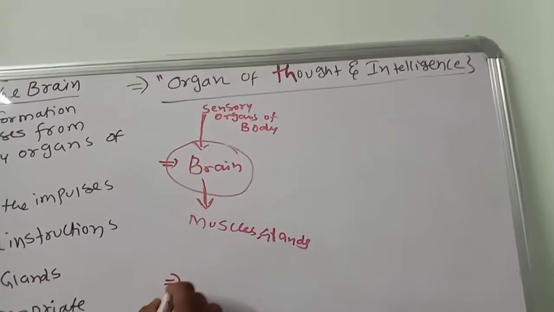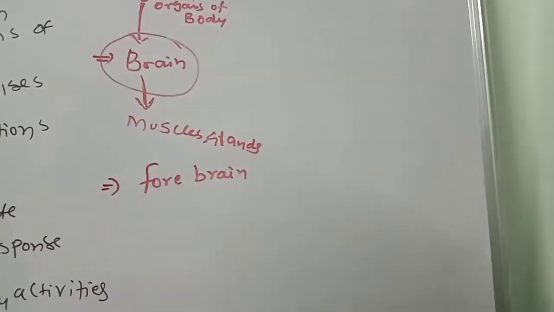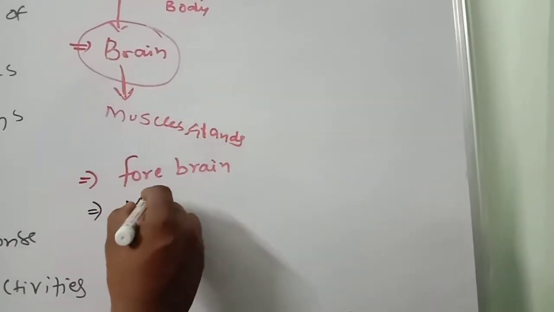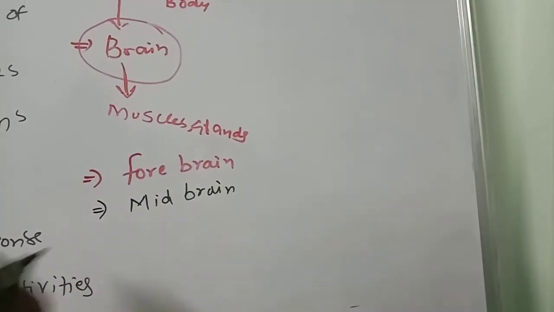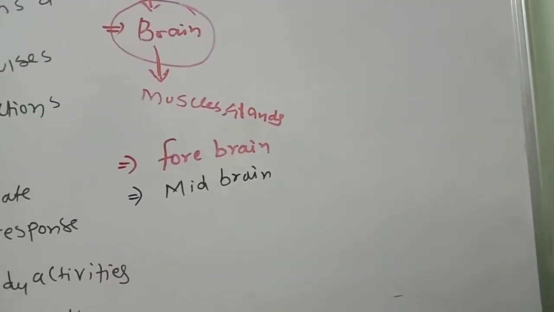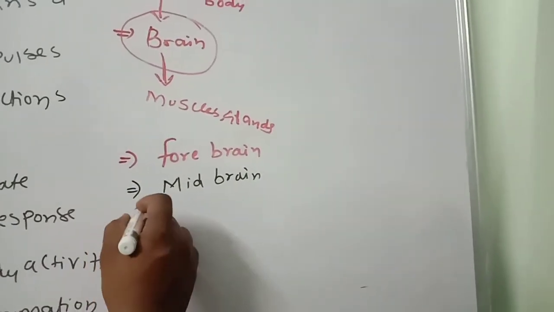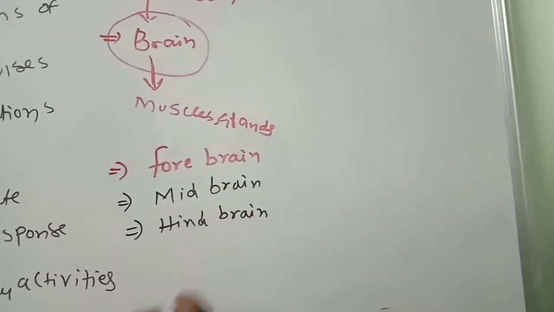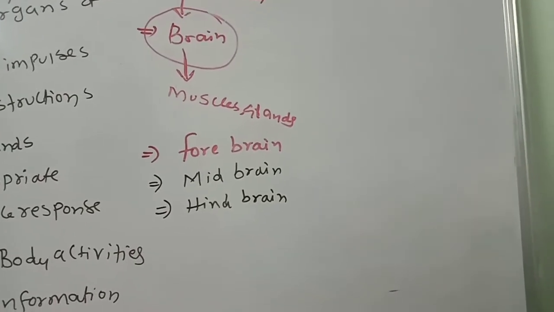So children, what did we discuss? First, the forebrain, which is called the seat of intelligence. The midbrain is helpful for corpora quadrigemina, movement reflexes and auditory reflexes. And the last one, the hindbrain, divided into the cerebellum, pons and medulla oblongata.